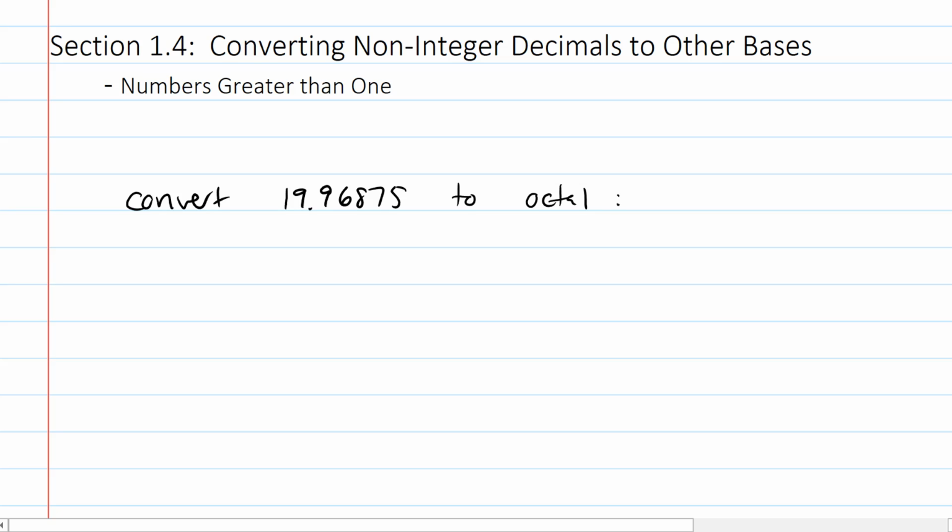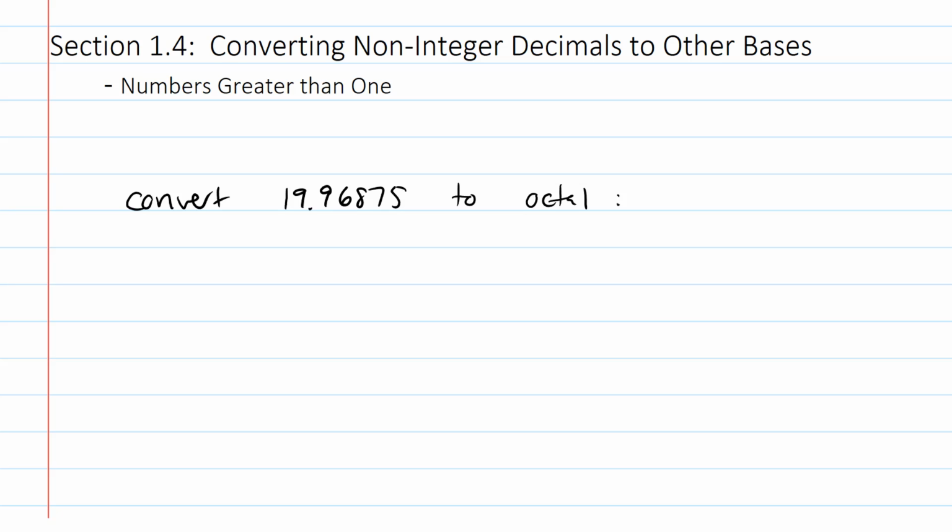Now, we've previously looked at converting just integer numbers to octal. We've also looked at converting non-integer numbers that are less than 1 to octal, and those have two different methods of doing so. The integer part has the repeated division method, and the non-integer part has the repeated multiplication method.